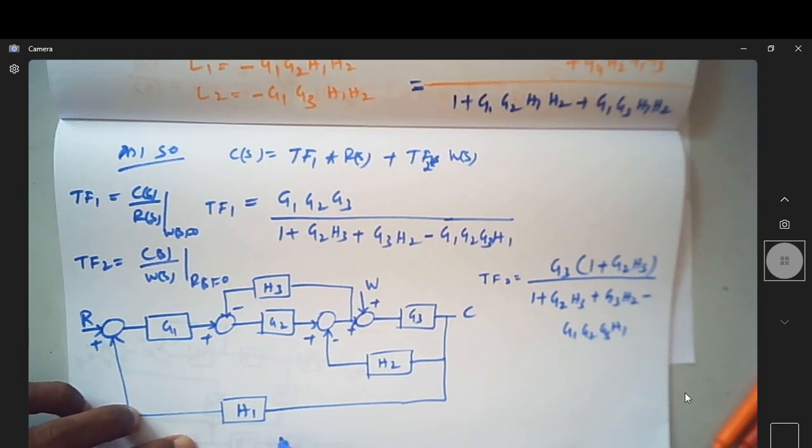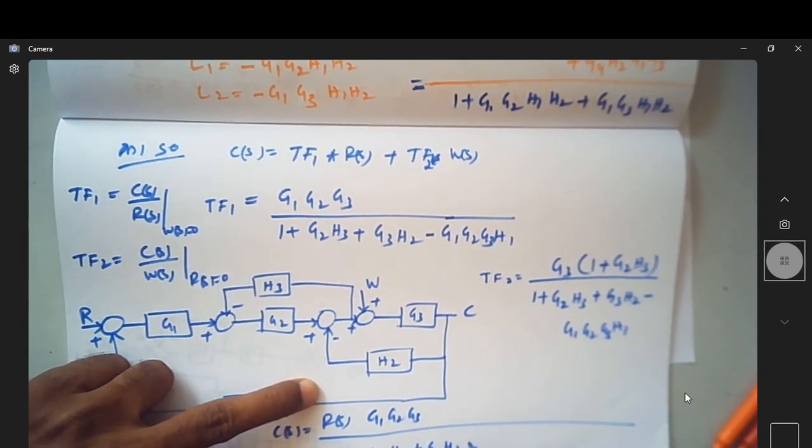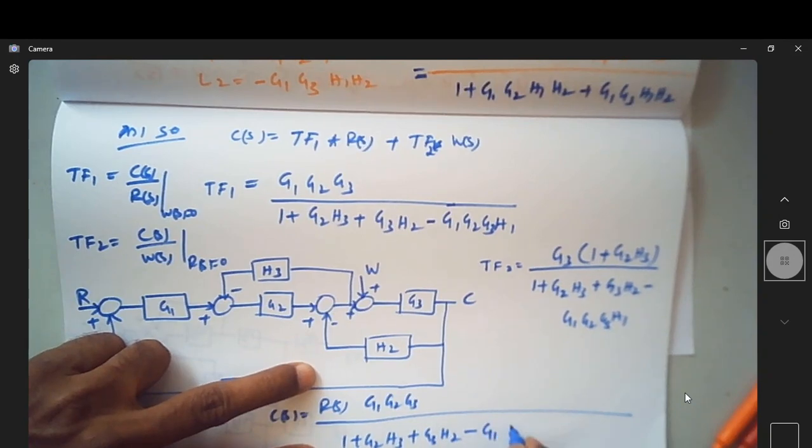Suppose you want to get the expression for C(s), is it not R(s) multiplied by G1, G2, G3? Okay, the denominator can be taken as common, which is 1 plus G2 H3 plus G3 H2 minus G1 G2 G3 H1.